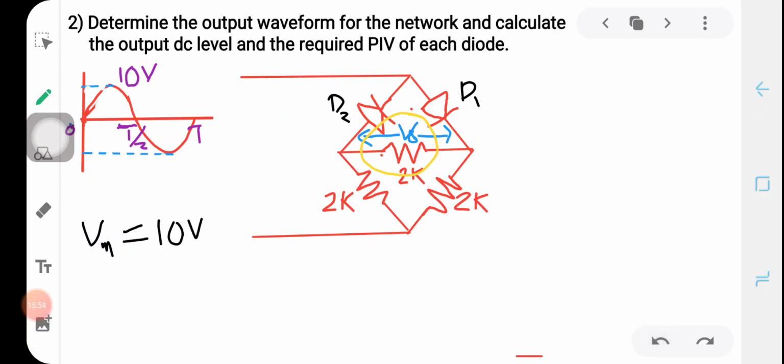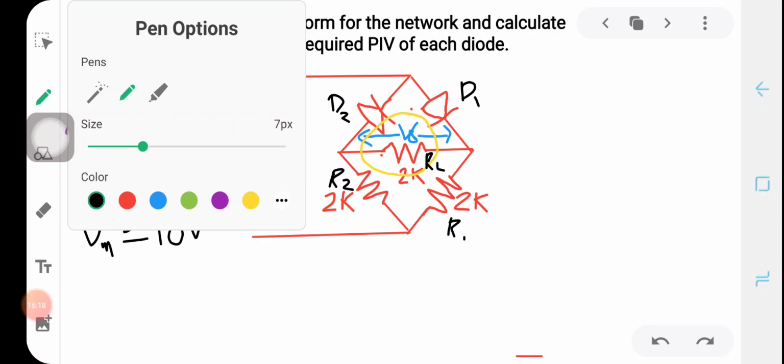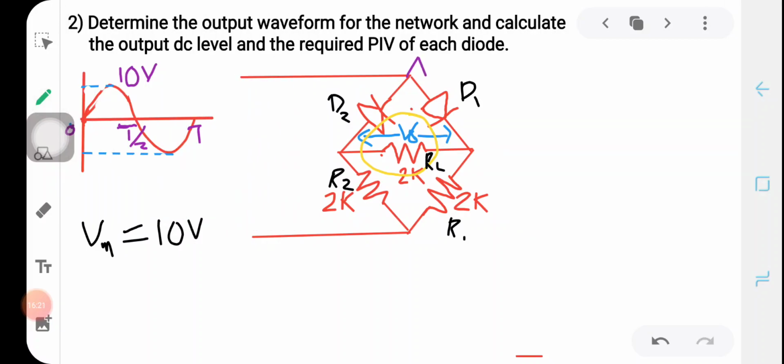The resistor across which the output is to be taken is represented by RL, and the resistances I am representing as R1 and this as R2, and I am going to name these nodes as A, B and C. This is node A, this is node B, this is node C, and this is node D.